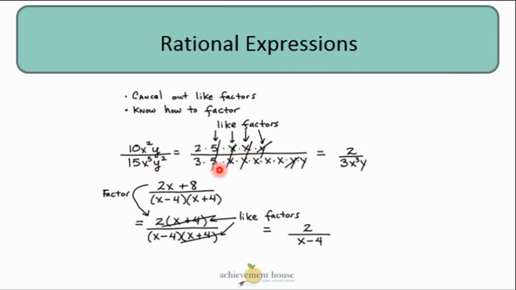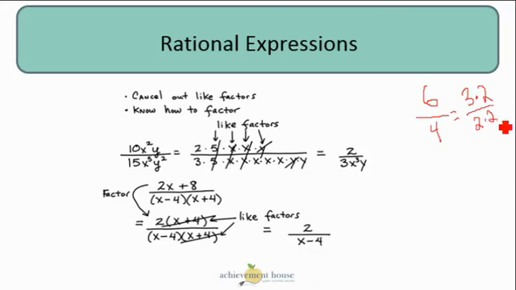From there, we're going to take like factors in the numerator and the denominator, just like if I had, for example, 6 over 4. I would factor these two numbers, 3 times 2 over 2 times 2, and I could simplify that to 3 halves because I have like factors in the numerator and the denominator, and the like factor is 2.